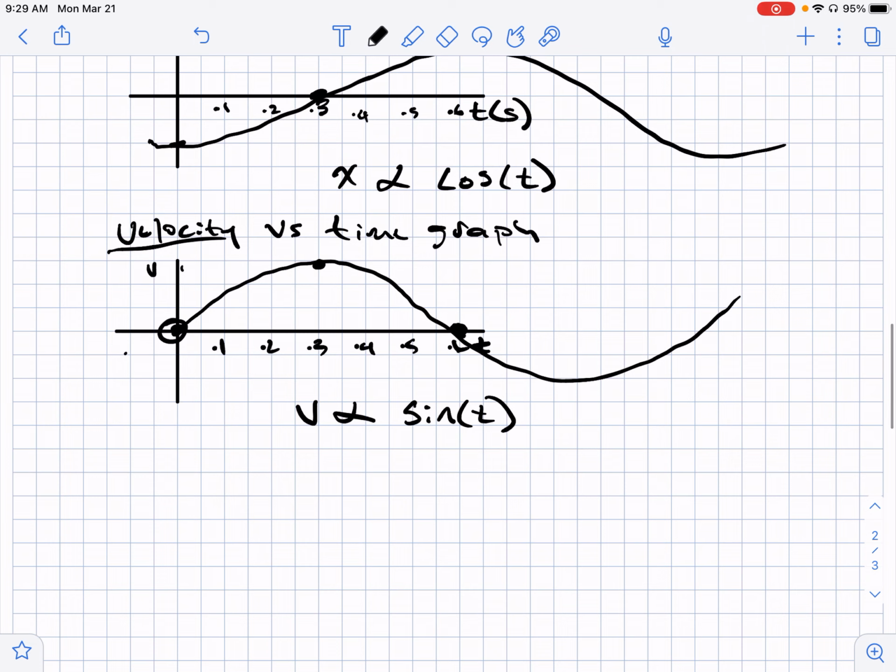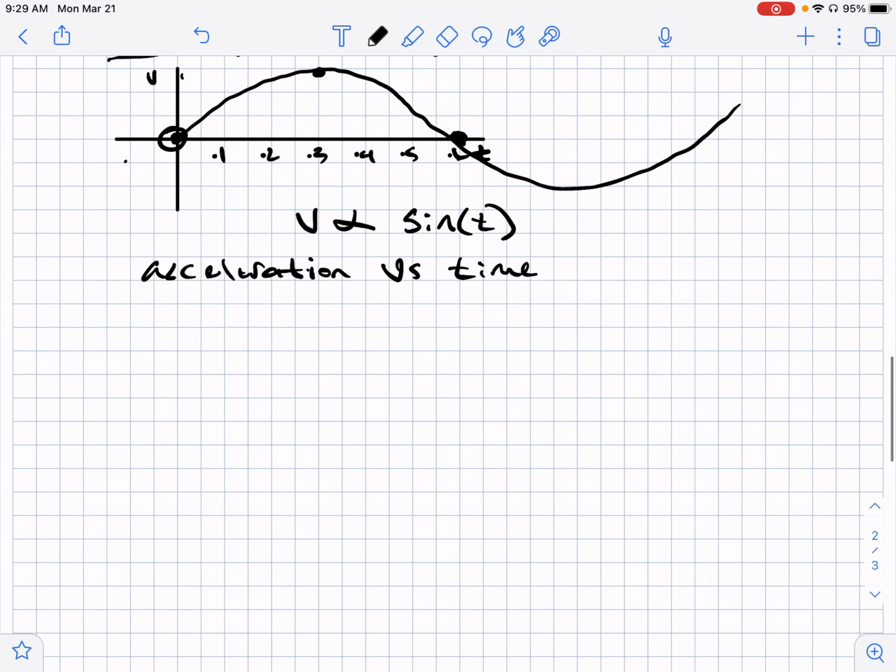The last graph we can look at is acceleration versus time. So let's draw our graph out. 0.1, 4, 5, and 6.